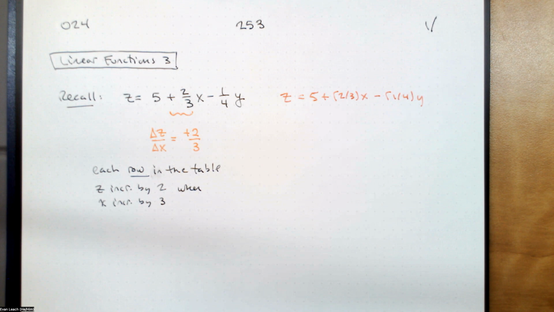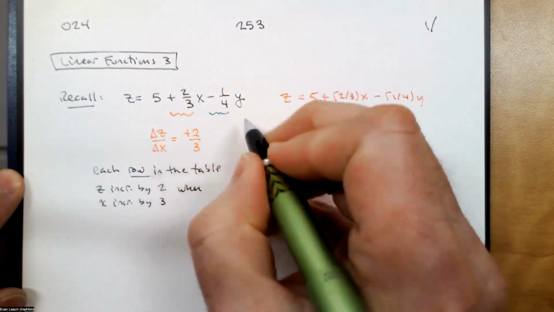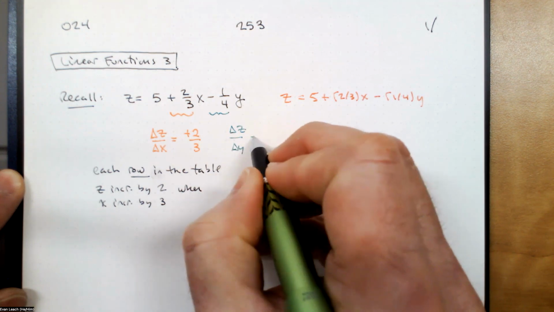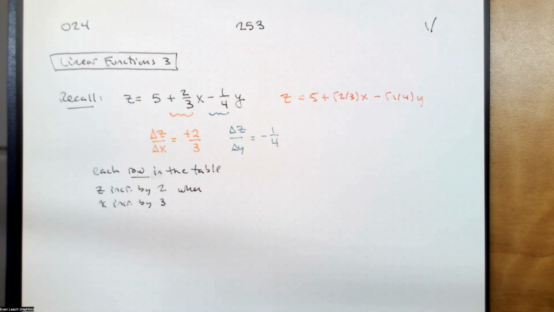Negative 1/4 was the change in z with respect to y. This is what was going on in each column of the table, because I listed all the different y values. I fixed the x values and changed the y values in each column.